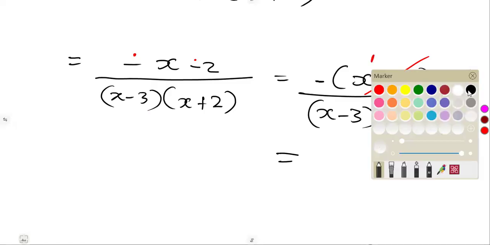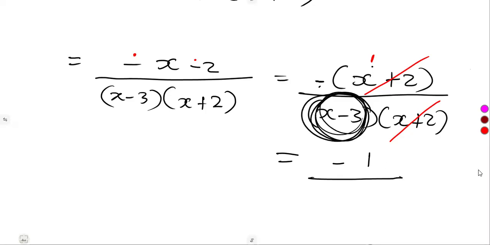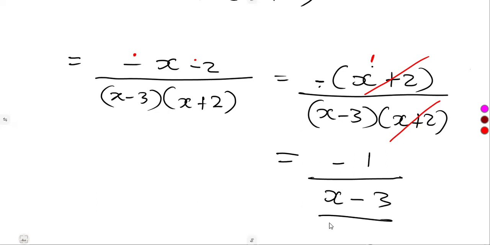So meaning to say we are talking about negative 1. So it is going to be negative 1 over what? The bracket, this one of x minus 3, is not affected. It remains as it is. It is not going to change to be x plus 3. No, that one will be a mistake. You won't change the sign there. It remains as x minus 3 as it was before.